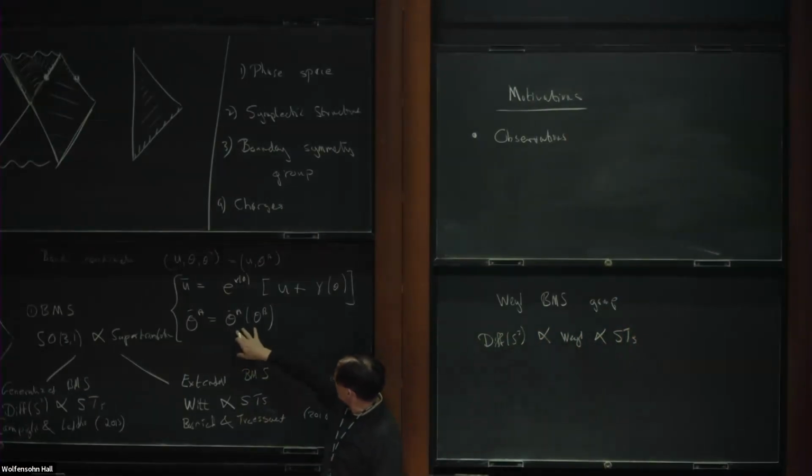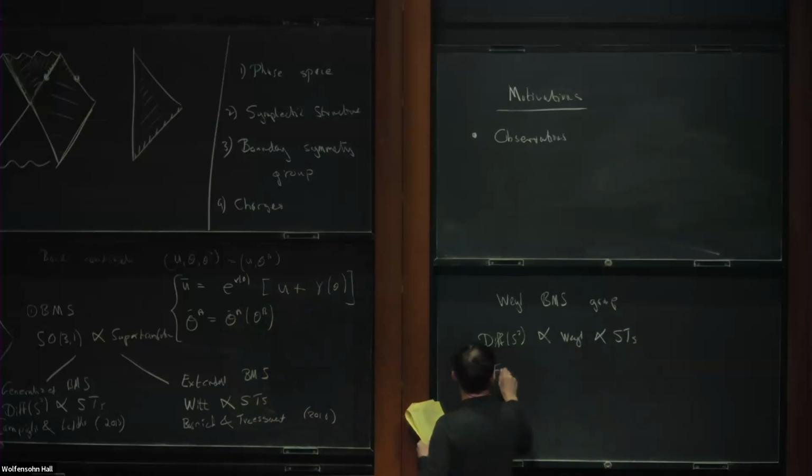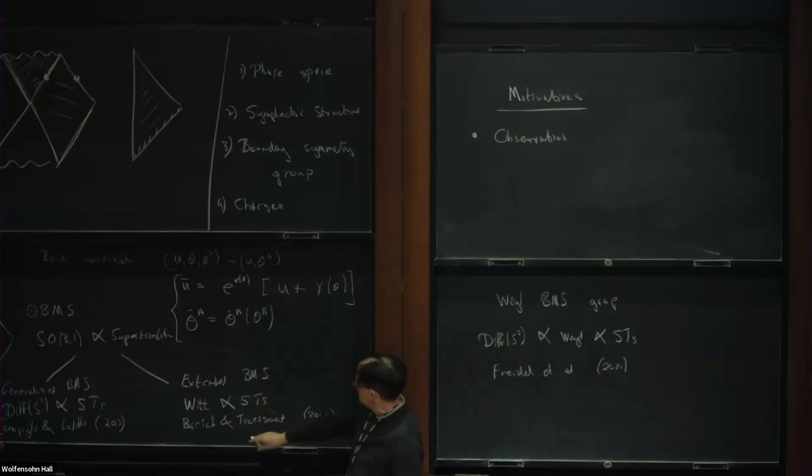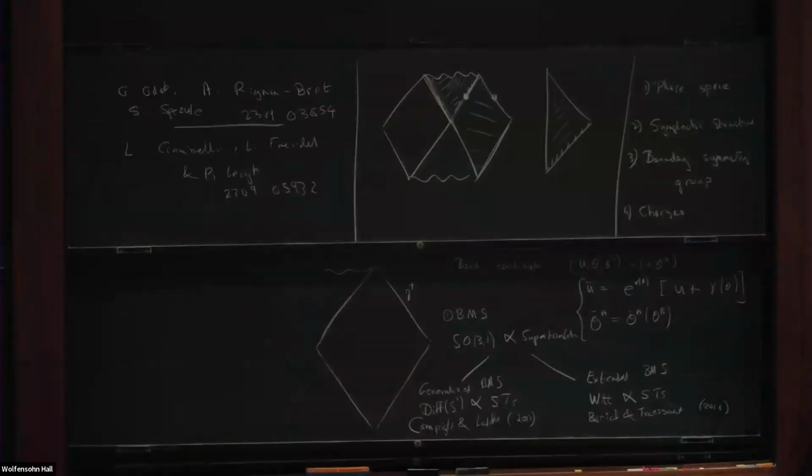This is now allowed to be an arbitrary diffeomorphism. We still have these supertranslations. And this factor in front is no longer constrained to be determined by the diffeomorphism, it's allowed to vary freely. So it makes it a larger group. And this was Freidel et al. in 2021. And there's also an extension of this algebra more recently to this wedge algebra by Andy Strominger, which is an even larger group, but that is no longer just based on diffeomorphisms, it goes beyond those.